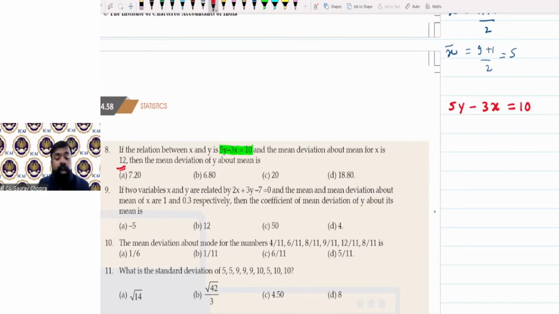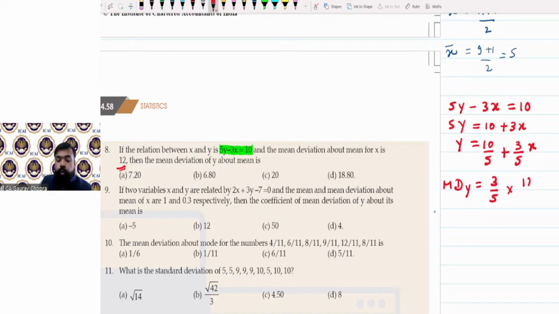And we have to find mean deviation of y. So first of all, arrange the equation. 5y is equal to 10 plus 3x. So y will be 10 by 5 plus 3 by 5 x. Now, in order to calculate mean deviation of y, we will take mod of b and then multiply by mean deviation of x.